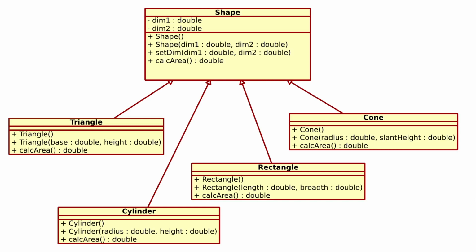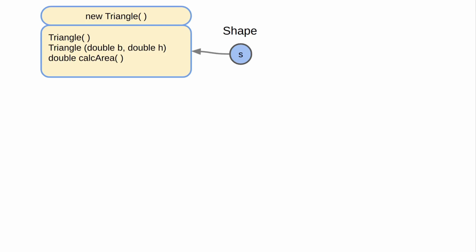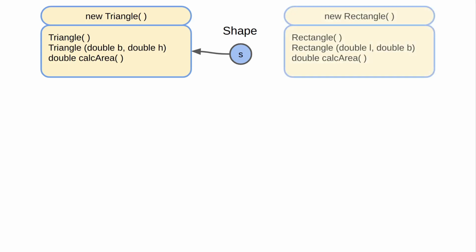Now, let us see how we are going to develop an application based on this. I have a shape class reference variable, which is the superclass. This shape class reference variable can refer to a triangle instance, otherwise a rectangle instance.